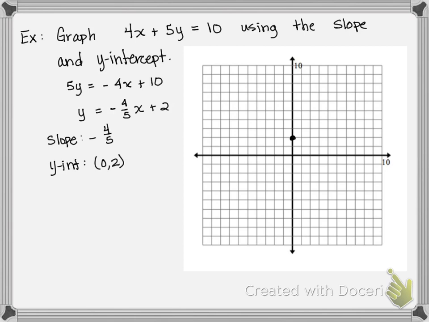And then here, notice we have a negative slope. So we're always moving to the right. Negative is down, positive is up. So I'm going to move to the right 5 units for my change in x. 1, 2, 3, 4, 5. And then I'm going to go down 4 units for that negative change in y. So 1, 2, 3, 4.